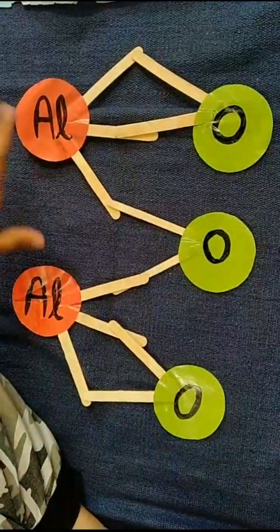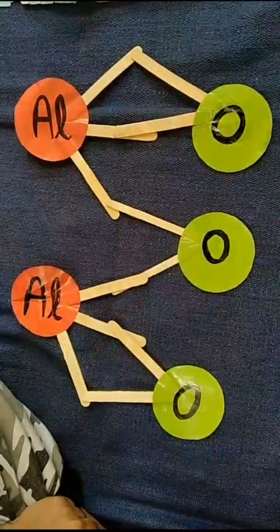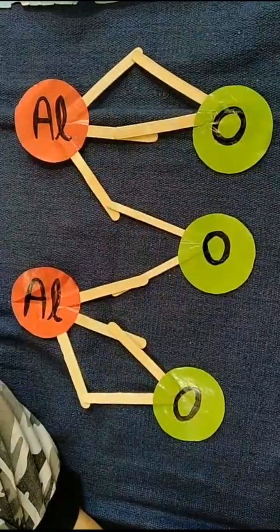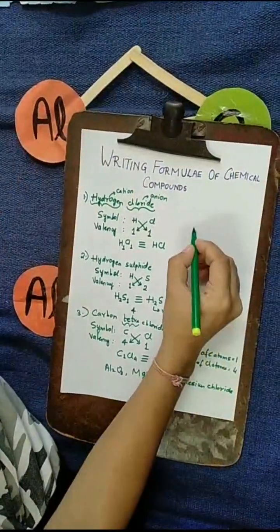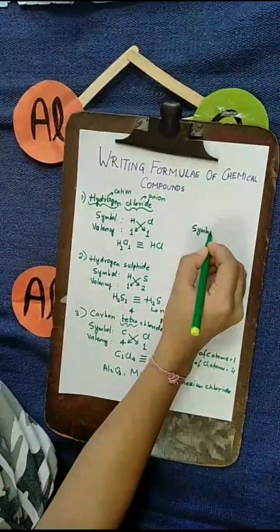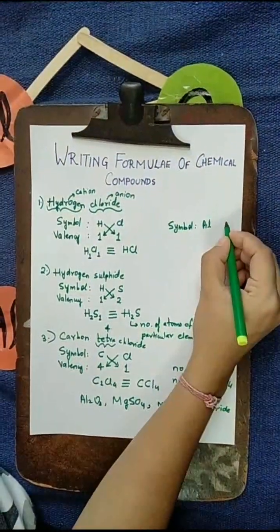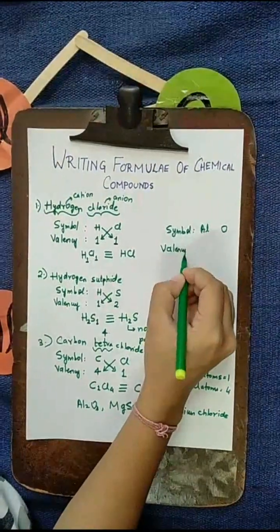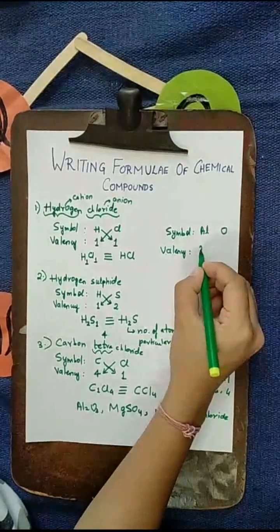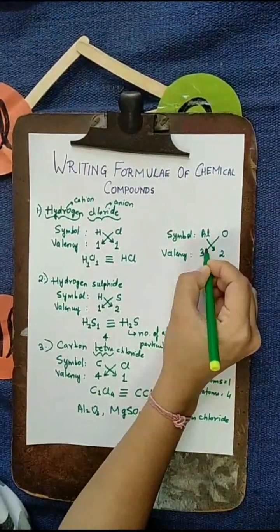So are all the valencies of aluminium and oxygen satisfied now? Yes, they're satisfied. So the formula comes out to be Al, the symbol of aluminium, and O for oxygen. The valency of Al being 3, oxygen being 2. Criss-cross.